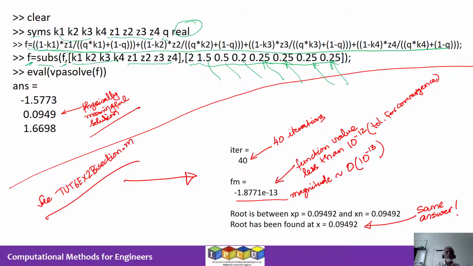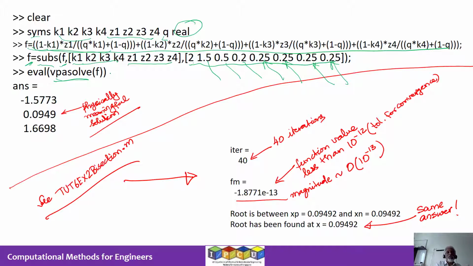Once I have this, F will have only the symbol Q, since the other symbols have been substituted with numerical values. Then I solve for the values of Q using the VPA solve command. VPA solve of F will give me the values of Q that satisfy F of Q equal to 0.